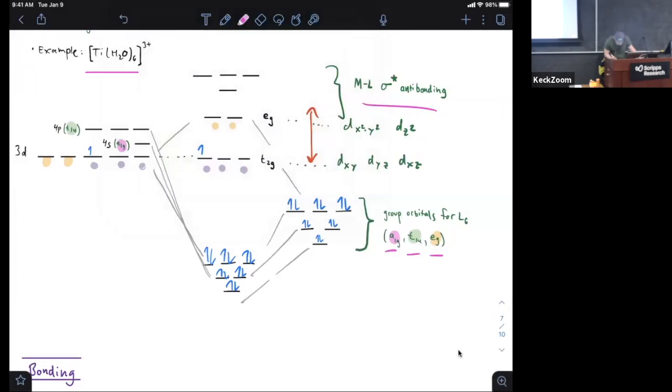It is essentially exactly the same frontier orbital depiction that we get from simple crystal field theory. So that's really the upshot here, is that ligand field theory is a more complex treatment that will end up giving you a similar frontier orbital depiction as crystal field theory in many of the cases here.